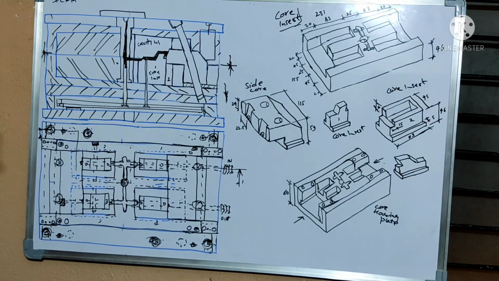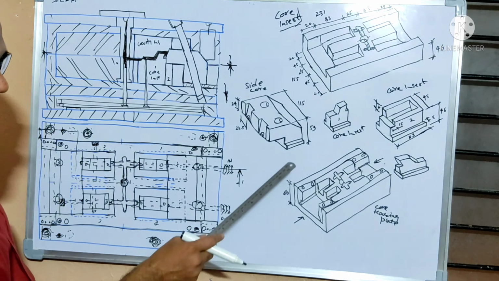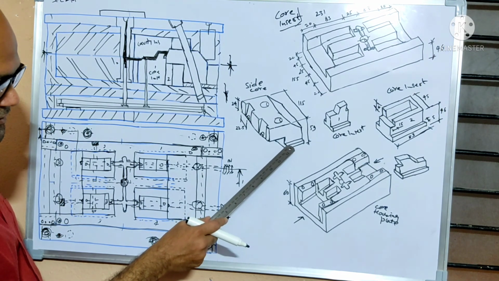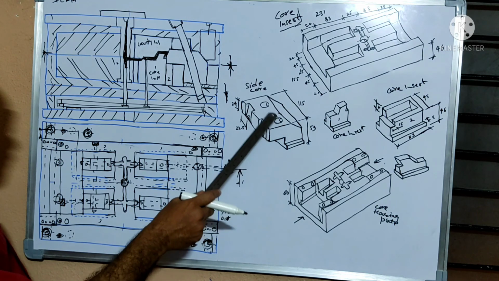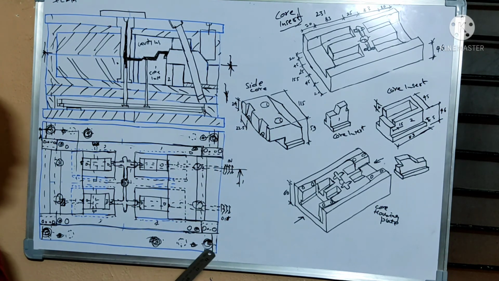You are observing, and for all the corners there is 5 into 5 mm. Means from here to here it is 5 mm, and bottom to this one is 5 mm. And also you know the angles, 2 cam angles are drilled at an angle, with a diameter of 10 to 12 mm.